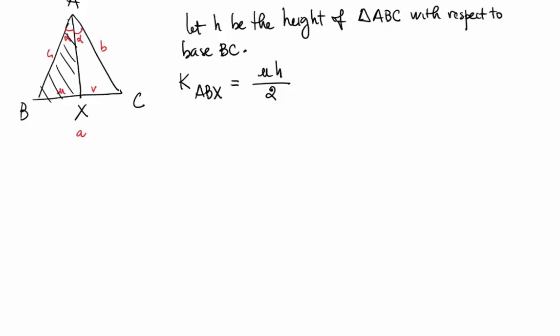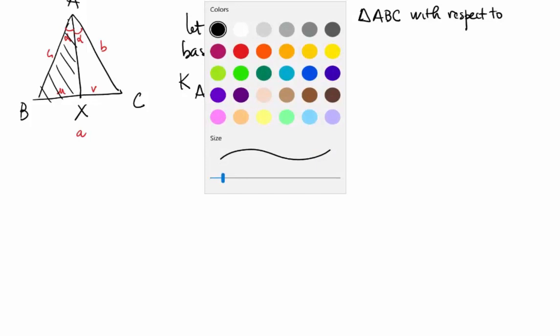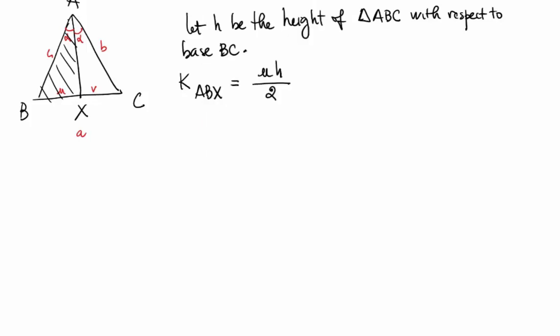Now let me label AX, let me call the measurement of this x, and this will be a height, and we know that the area of ABX will also be base times height over 2, right?